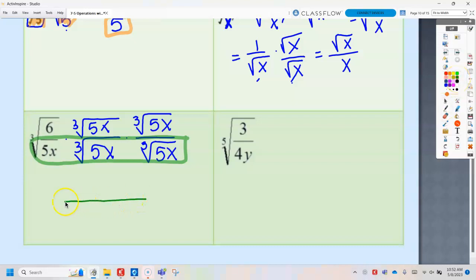That makes this over 5x, because I had 3 5s and 3 x's. Then you just multiply all the numbers together up top. 5 times 5 is 25, and 25 times 6 is 150. And then x times x is x squared.